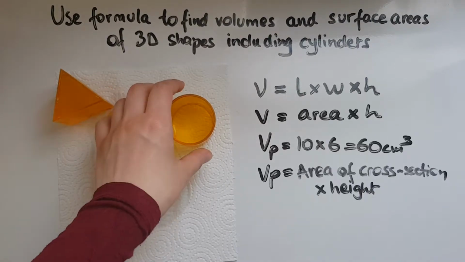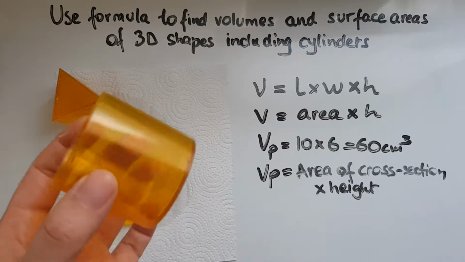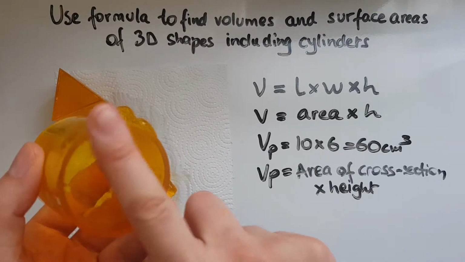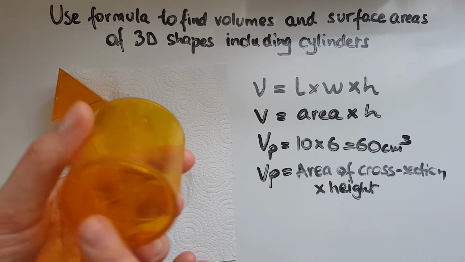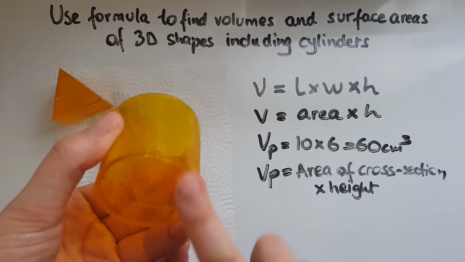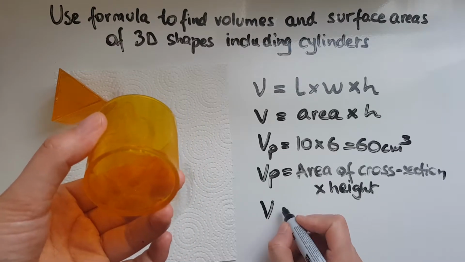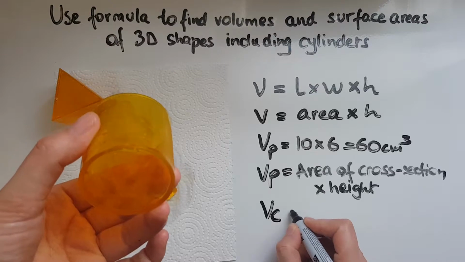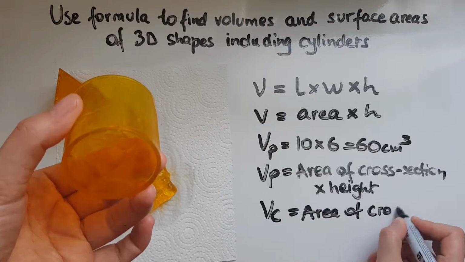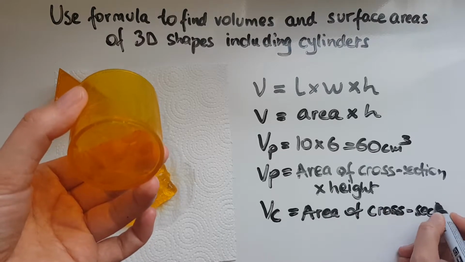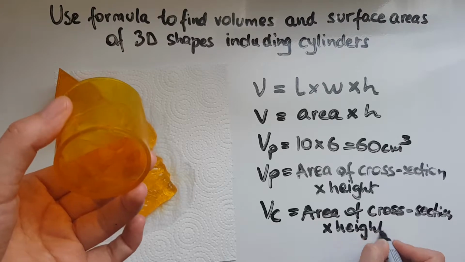So if we want to work out the volume of the cylinder, then again we work out what is the area of that cross section, and that's the circle here. So the volume of cylinder, again, area of cross section times the height.